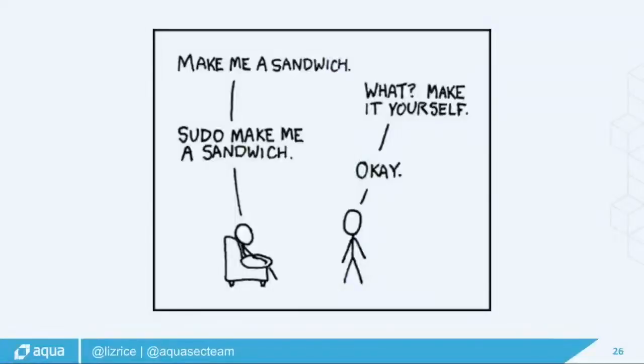So just because a container says that it wants to have a particular privilege doesn't necessarily mean that's appropriate. You might need to pay attention to the container images that are built and maybe question whether or not they really need to be root, or whether or not they really need the privileges that they've been granted.